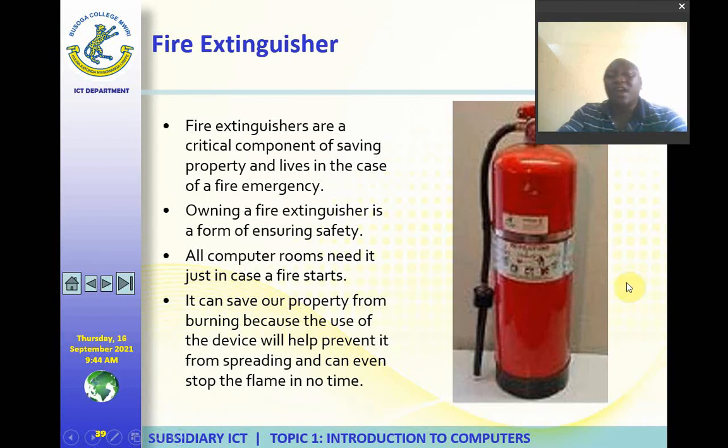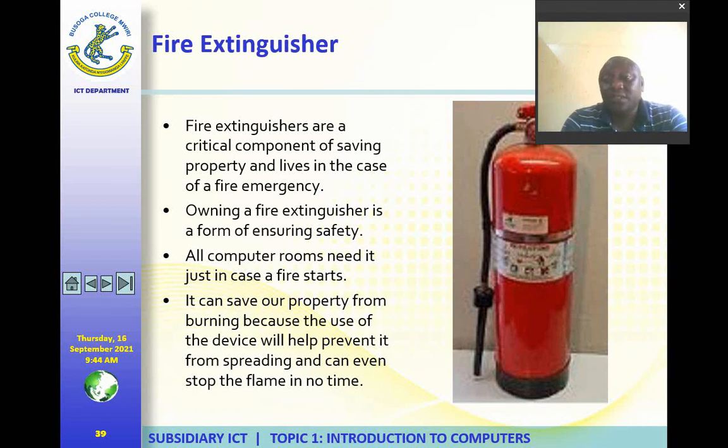Now this is the fire extinguisher. Fire extinguishers are critical components of saving property, even lives, in case of a fire outbreak. Owning a fire extinguisher is a form of ensuring safety. All computer labs or rooms need one just in case a fire starts.